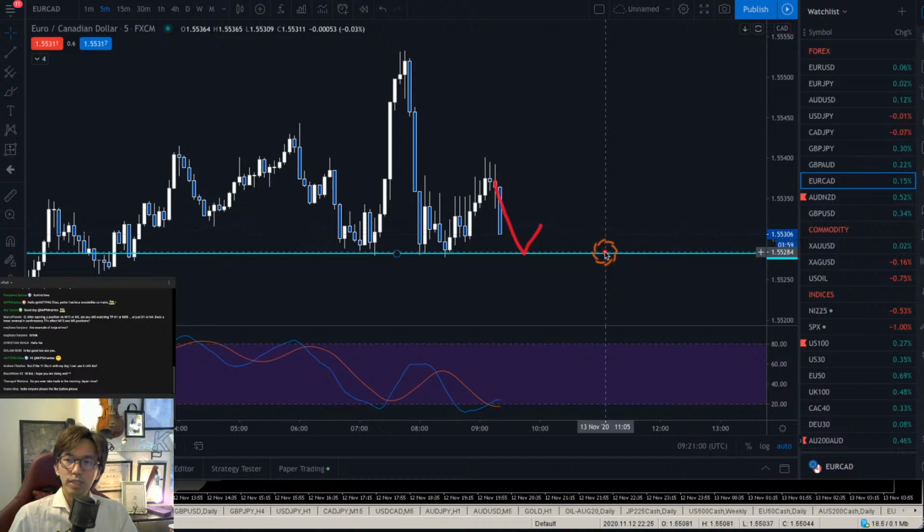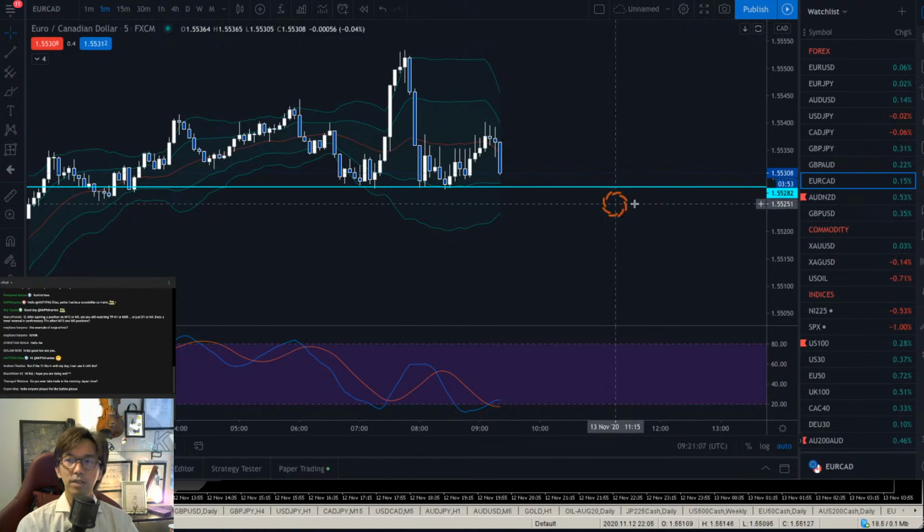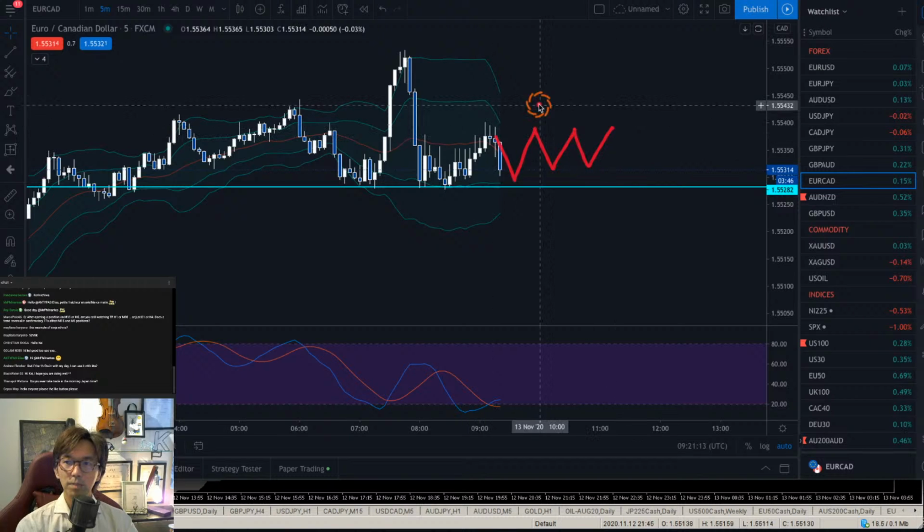So I will just wait until the Bollinger Band keeps squeezing a little bit more. So what we can expect later is, if the market continues to be in a range like this, then the Bollinger Band would squeeze a little bit like this, and there might be a 3rd support or 4th support that can be another buying edge.